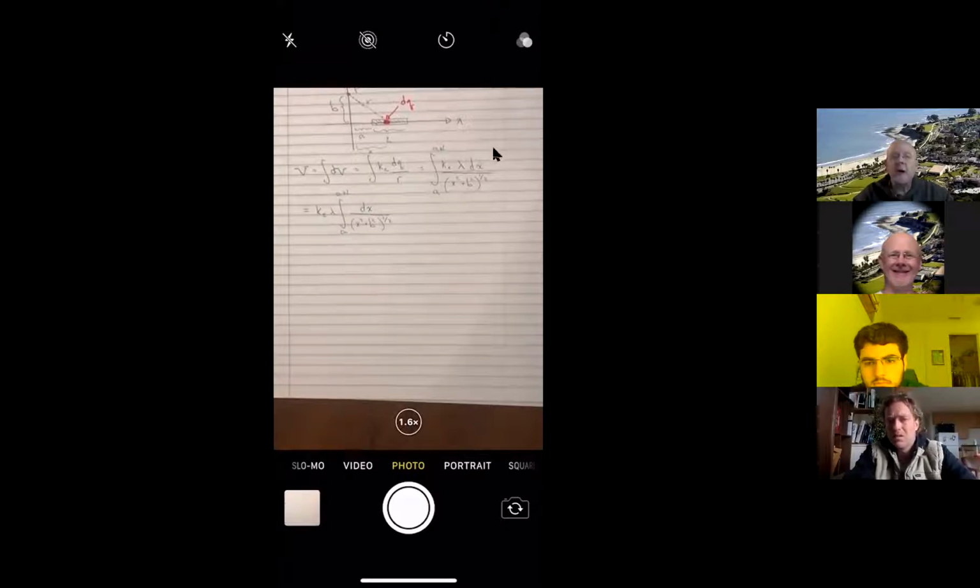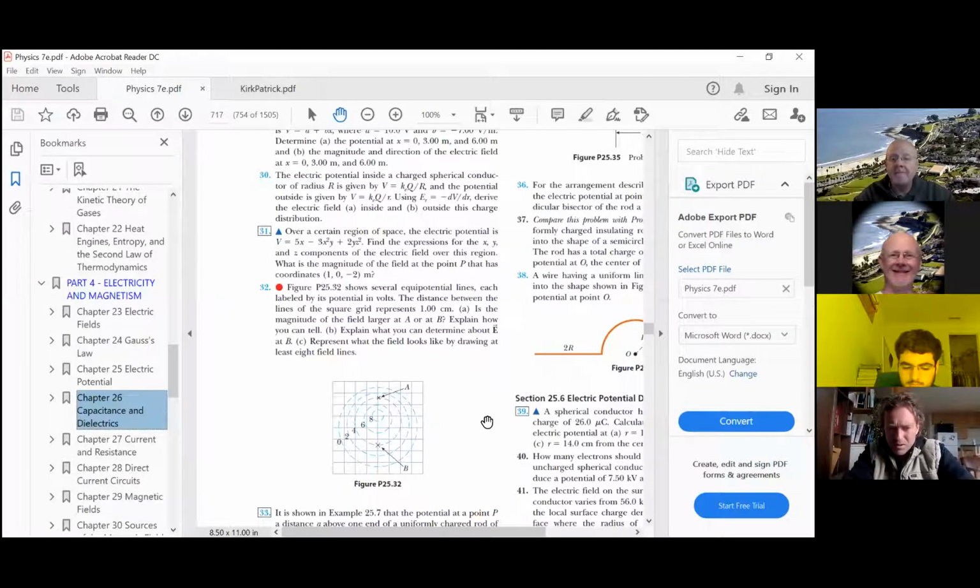Let me change my screen share to my PDF. New share. Where's my PDF? Because I have the textbook here.